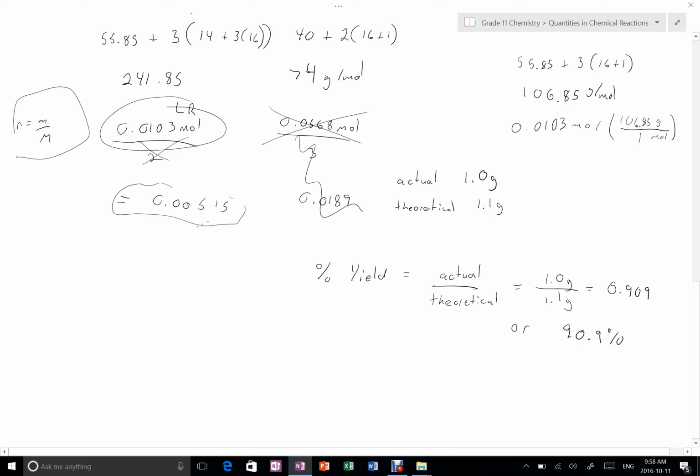Since I only thought I was going to get 1.1 grams according to the calculation, and I actually got 1 gram, so I got almost all of it, I would say I had a percent yield of 90.9% here. So almost all. That would be a great experiment.